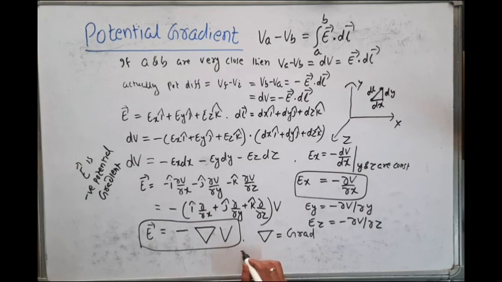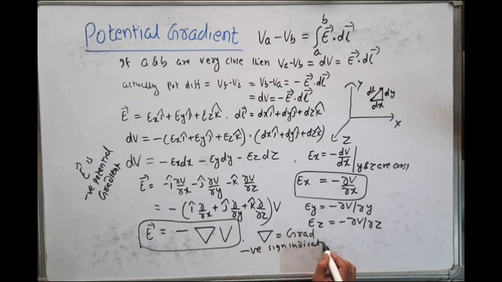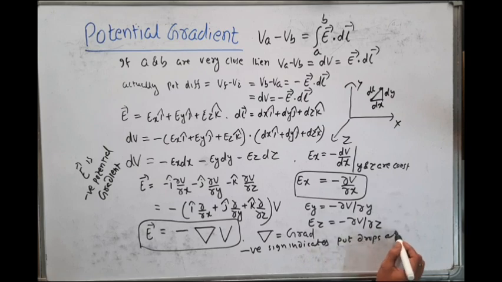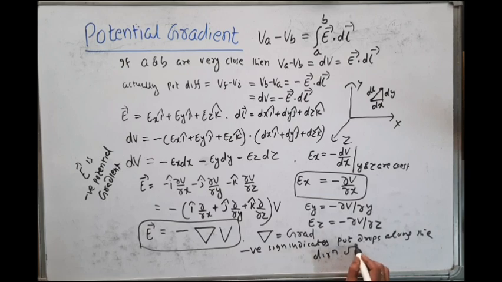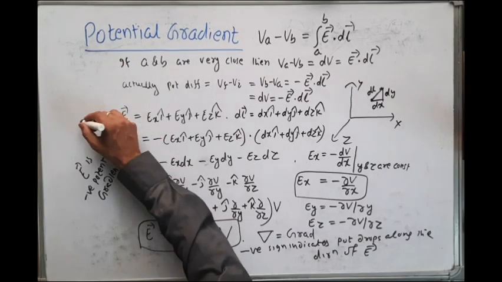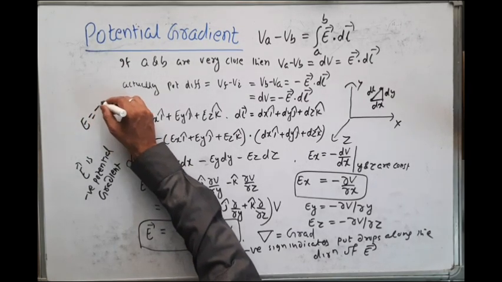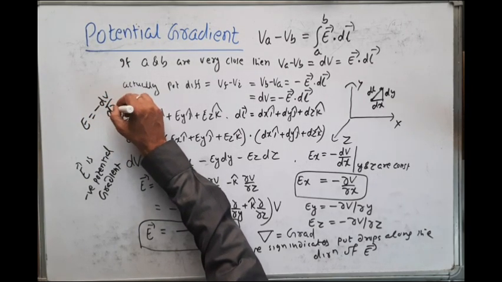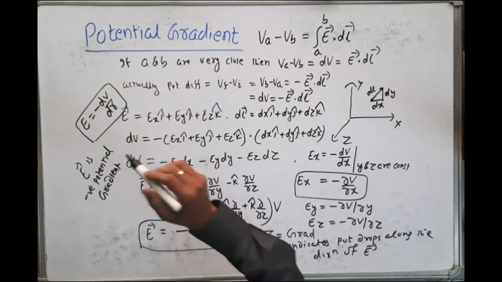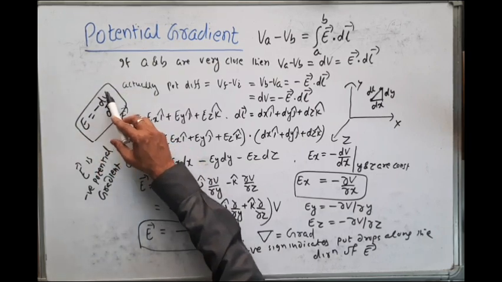So the negative sign indicates potential drops along the direction of electric field. If the electric field is in the radial direction, I can say E is equal to minus dV by dr.